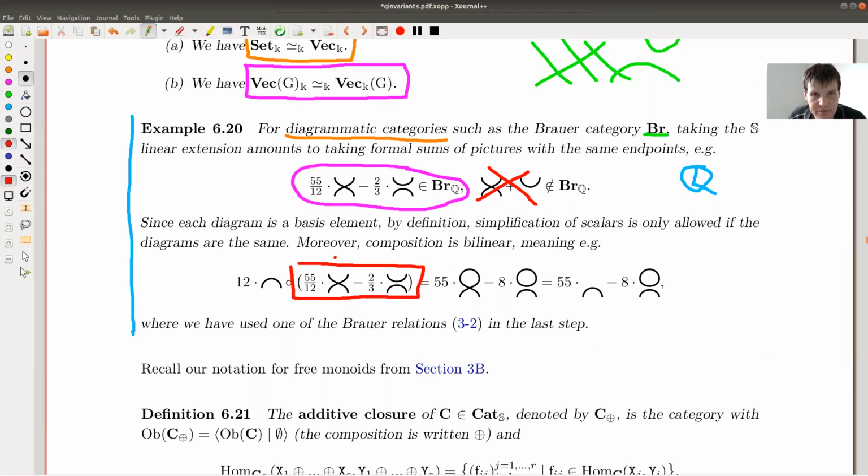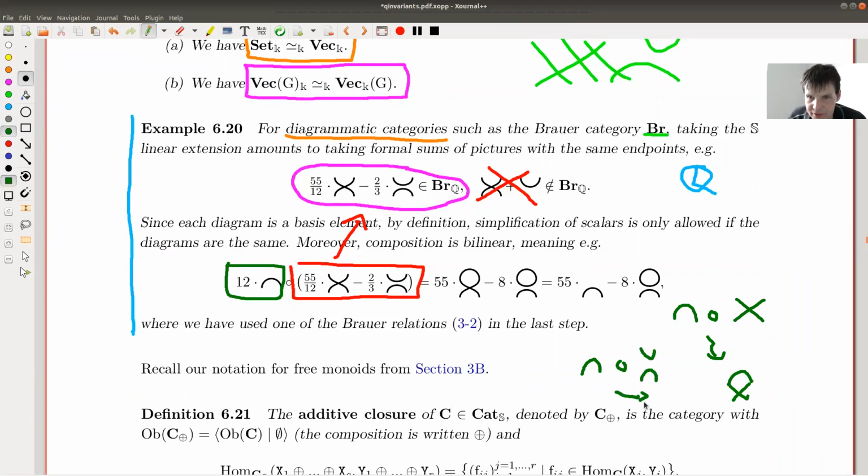So here would be, for example, one of these elements. You can have another element which I call 12 times the cup, and usually you would say, okay, I could compose a cup with a crossing, and this would give me this thing, and I could compose a cup with a cup-cap thing, and this would give me this one. I can still do the same, I just have to be careful with the scalars.